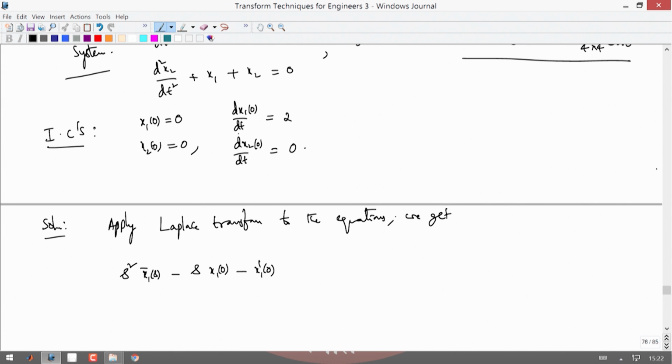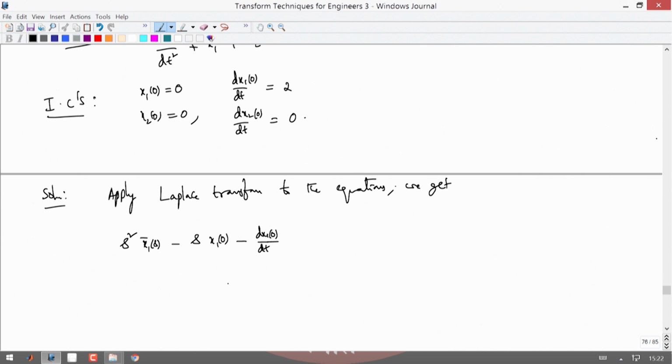So basically I have to write dx1 by dt at 0. These are the things you have to use. Because x1 of 0 is 0 and dx1 by dt at 0 is 2, I will replace this with 2 here and this with 0.